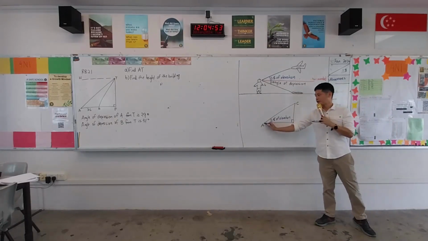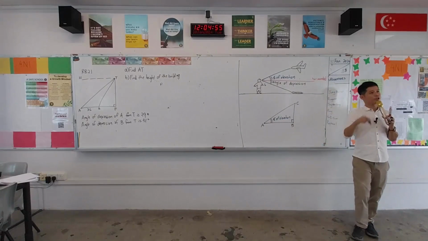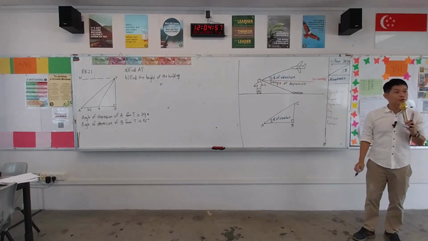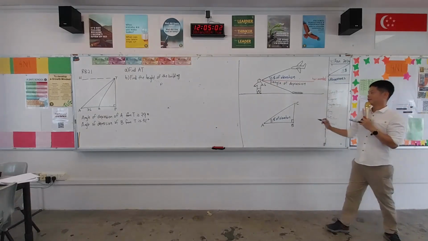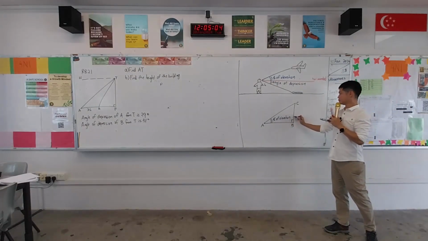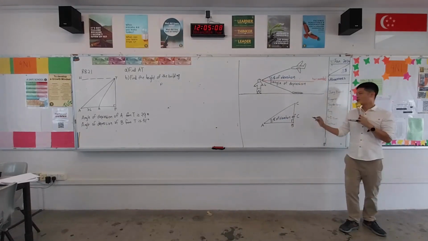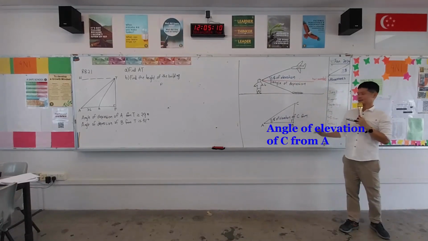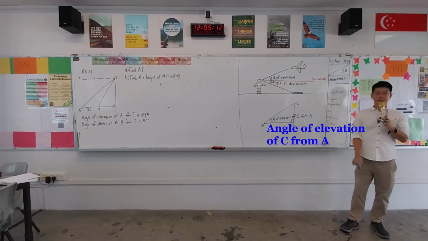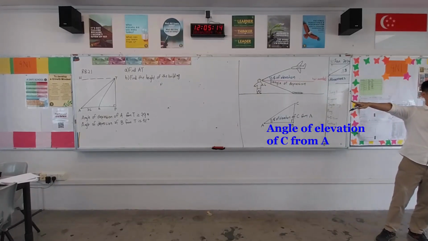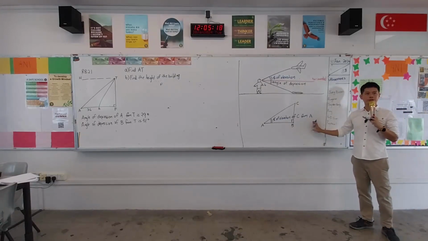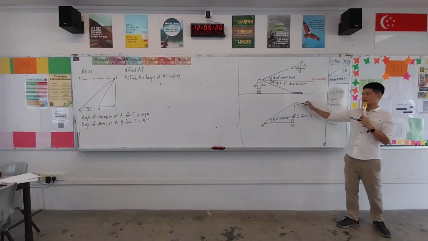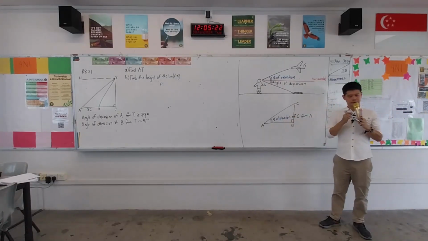I'm at A. I'm looking at C. So it's the angle of elevation of C from where? From A. You will see in the exam question, it looks something like that: the angle of elevation of C, looking at C from A.